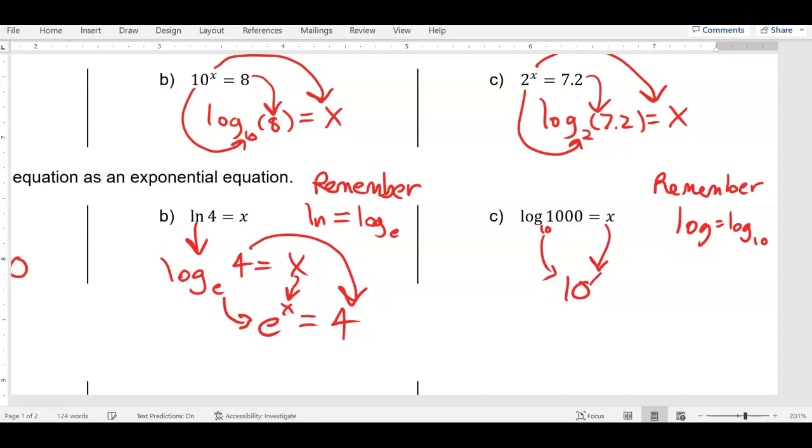What it equals to is your exponent, and that equals what the argument was. I apologize that the thing is not working right now. Cool. All right.